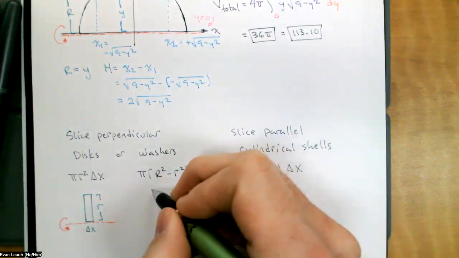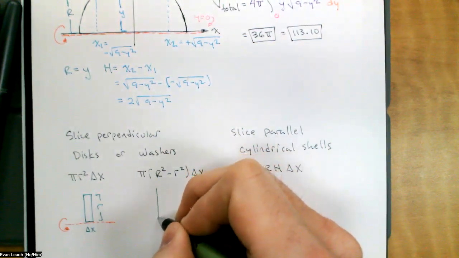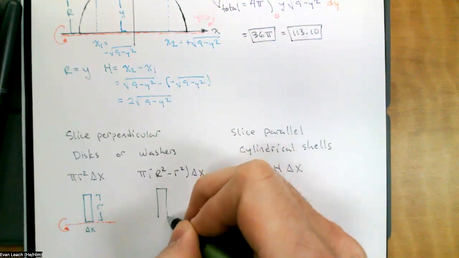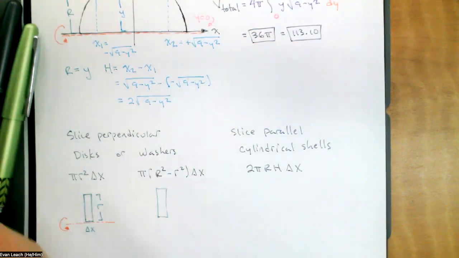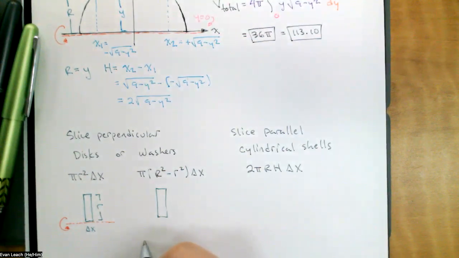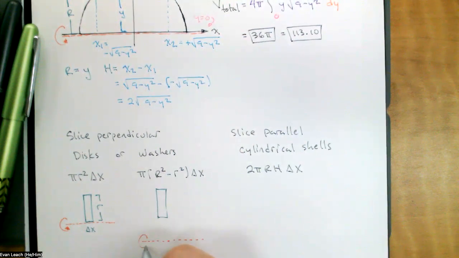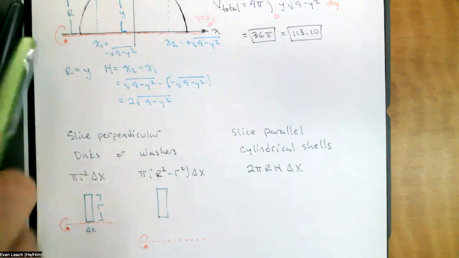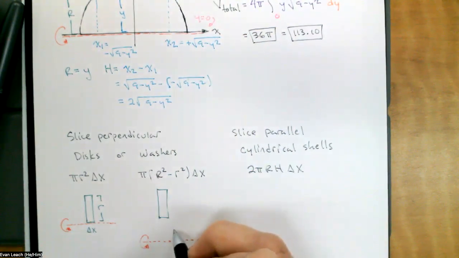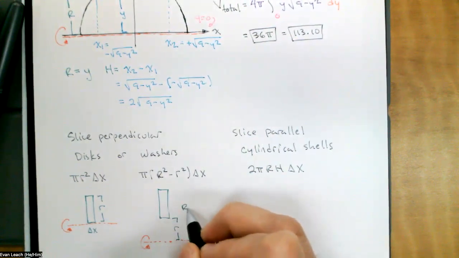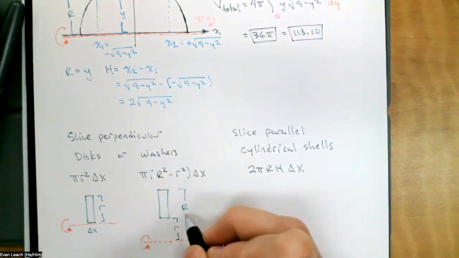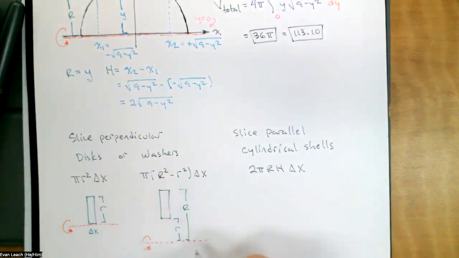You get washers if your axis is not a boundary of the region. And that's why we have 2 radii. One radius to the near side of the slice and one radius to the far side of the slice.